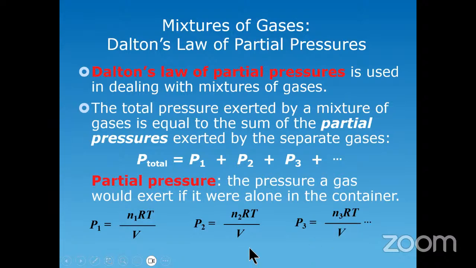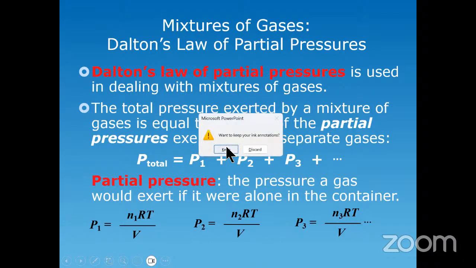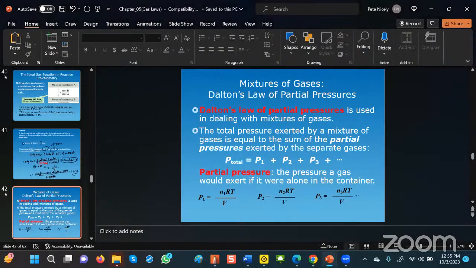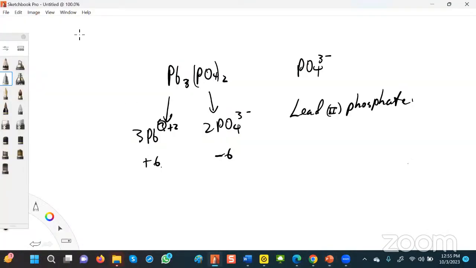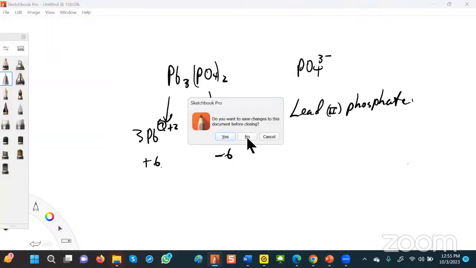Taking this into account can lead us into something interesting. So I'm going to go to one of my writing applications here. What we had before is P total equals P1 plus P2 plus P3 all the way to Pn.